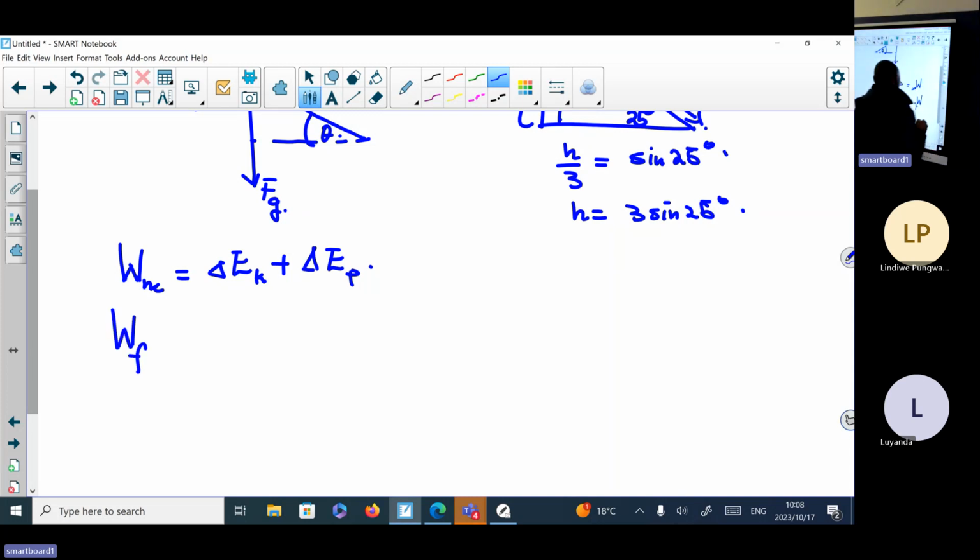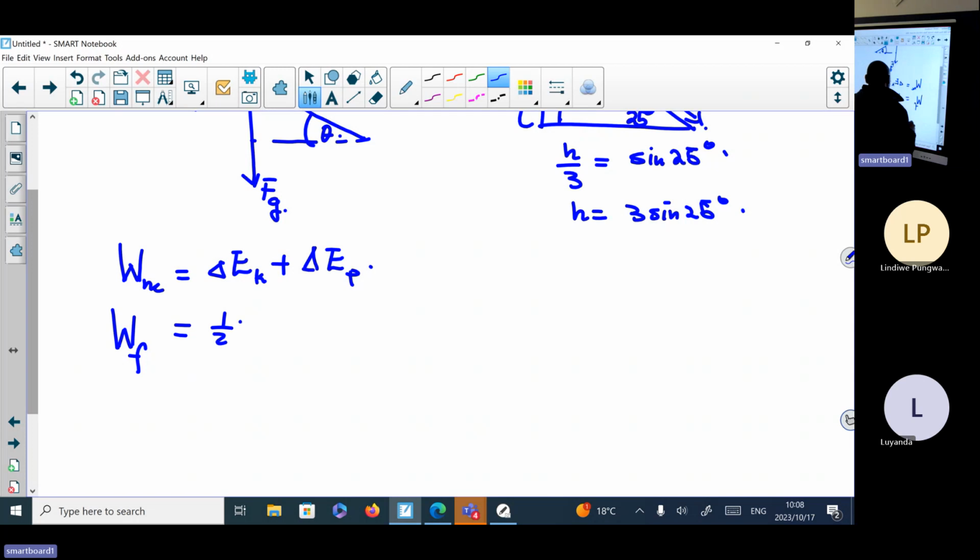So therefore, I've got the work done only by the frictional force, since I've eliminated the second non-conservative force, which was the applied force. Otherwise, we were going to say, plus the work done by the applied force, because the applied force is also a non-conservative force. But by eliminating that, we are only left with the work done by the frictional force.